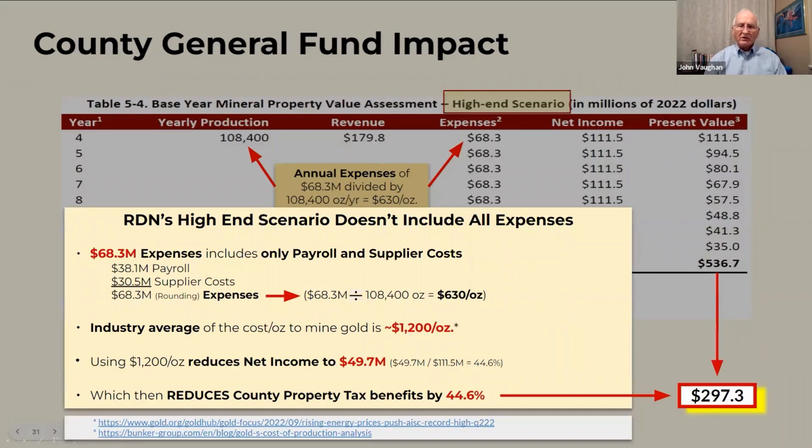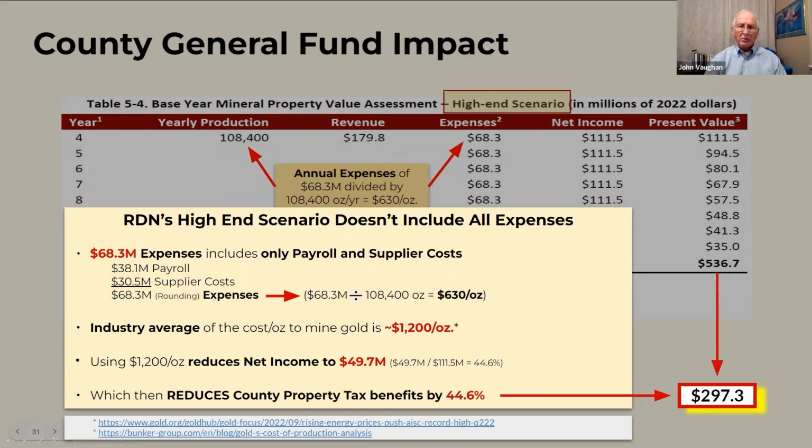The RDN report references the California Assessor's Handbook, section 510, in the part of the report where they talk about valuing mineral reserves. The handbook specifically states expenses for depreciation on things like buildings and equipment should be included when valuing mineral reserves. It appears there are no mitigation expenses, no expenses for depreciation of buildings and equipment. None of the components of the expenses section of an income statement seem to be included. 68.3 million in expenses only includes payroll and supplier costs.